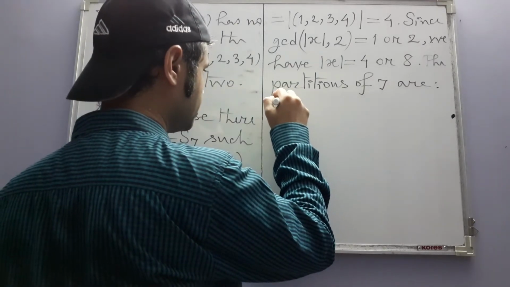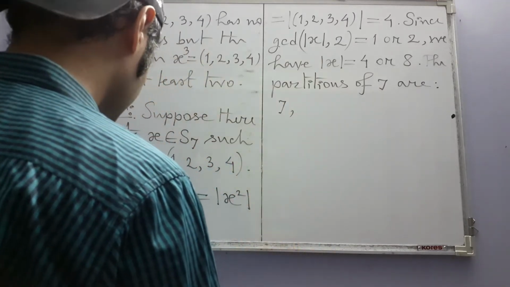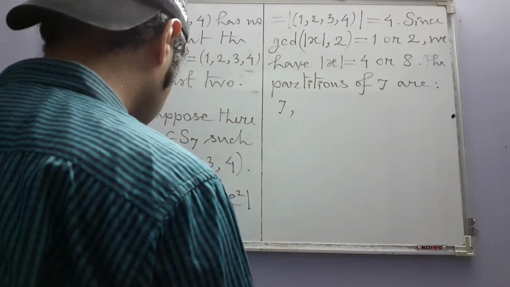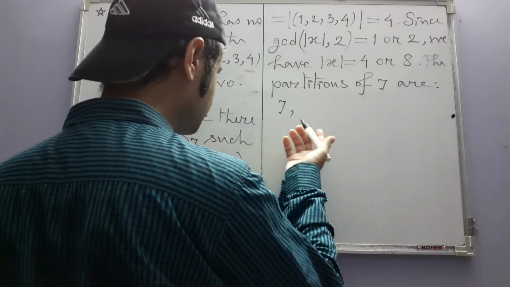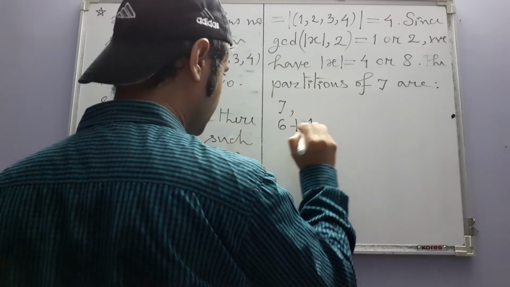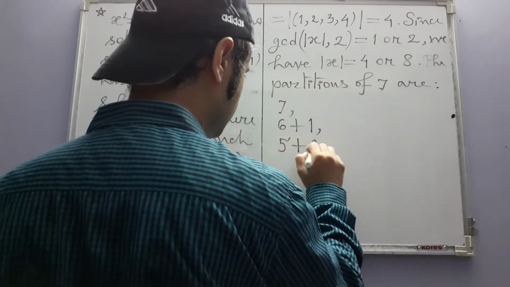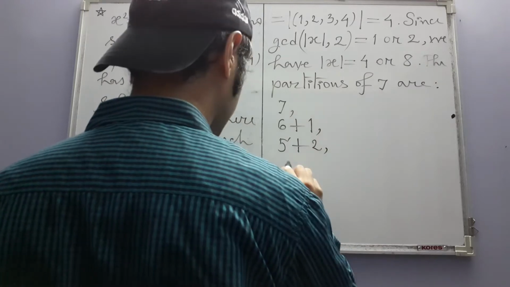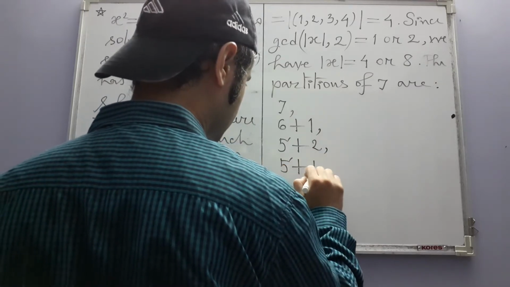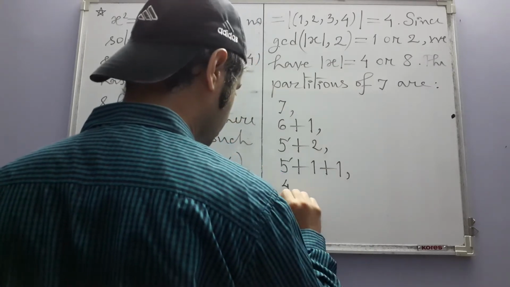Let me write them in a somewhat readable form, although it will take some space, but it's okay. 7, one of them is of course 7, then 6 plus 1, 5 plus 2, then 5 plus 1 plus 1, 4 plus 3.